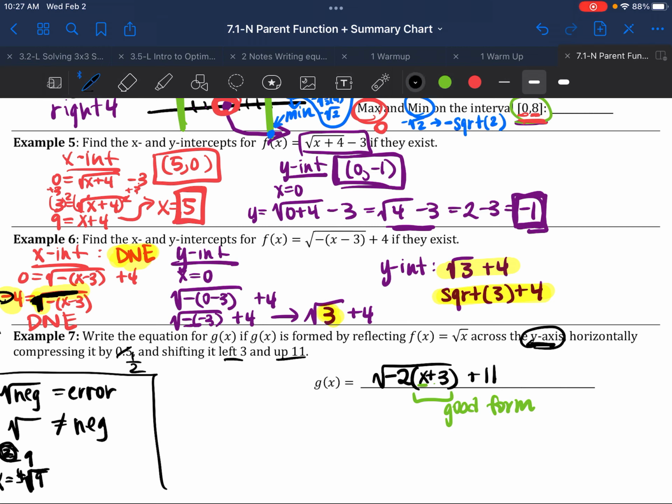On Canvas, you would have to type the SQRT parenthesis, -2 parenthesis, x plus 3, close parentheses, then the plus 11. Everywhere you have a square root, you're going to be replacing it with SQRT parentheses. That's how you do your radical on Canvas.